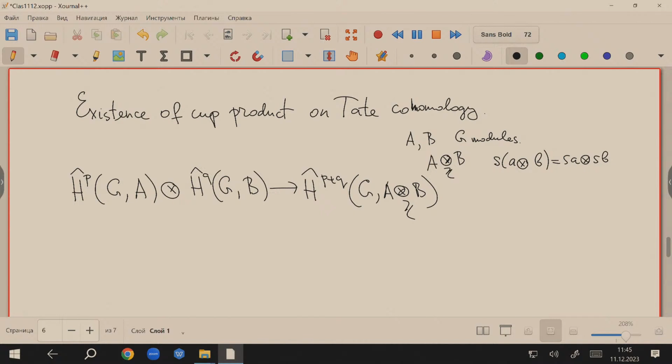And what is the main property is consistency, that it is consistent with the coboundary map.